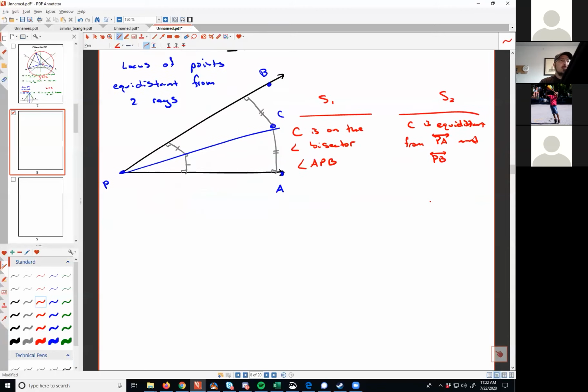Okay, so let's prove that statement 1 implies statement 2 first.